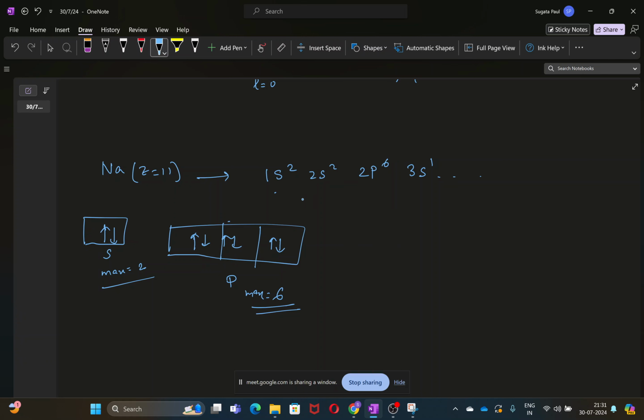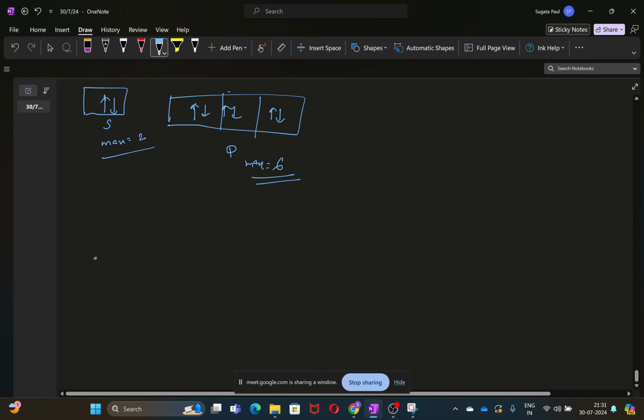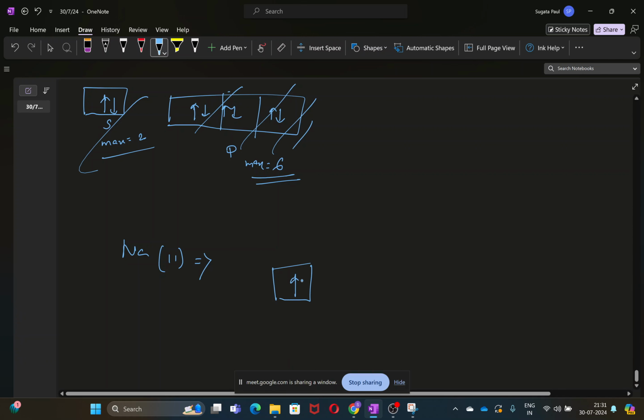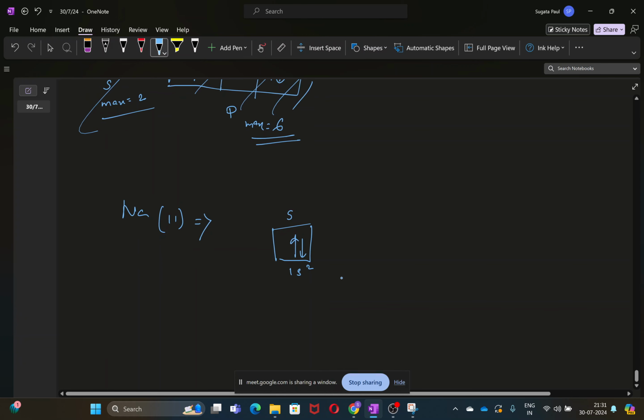But for now let us focus on sodium. That was just a generic case to make you understand, but for sodium let us write down the exact atomic configuration of the orbitals. So it is 1s2, an s orbital with 2 electrons.